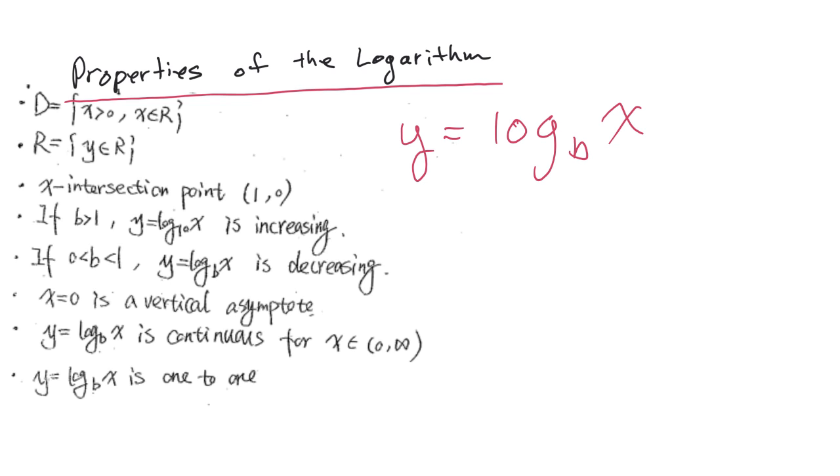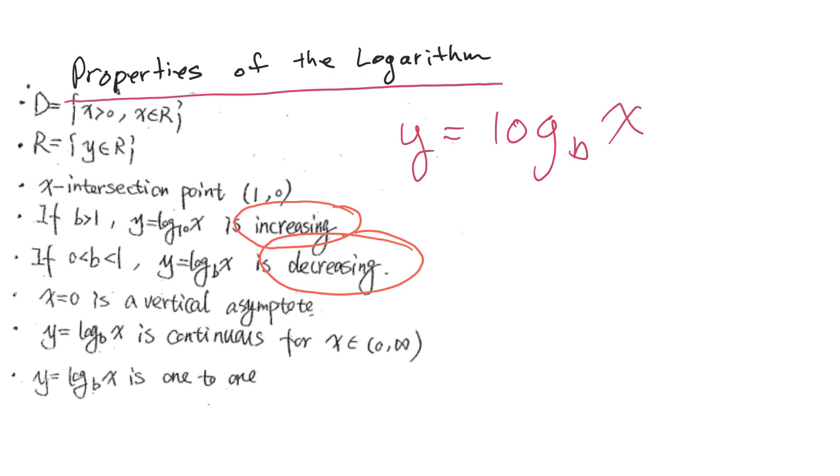And if b is greater than 1, we always know that this thing is actually increasing. All right, if it's between 0 and 1, it's decreasing. It always has a vertical asymptote at x equals 0, and that is our vertical asymptote.